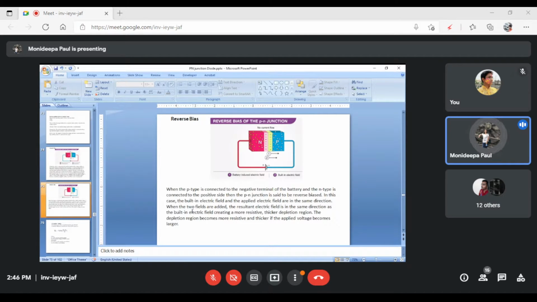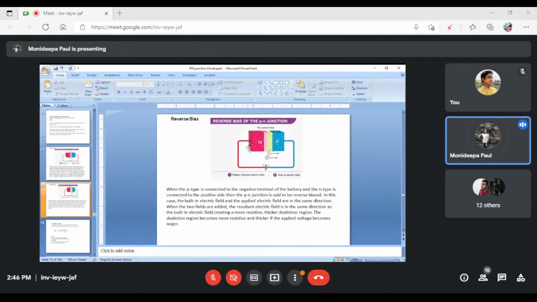Because here you see, when the two fields are added, the resultant electric field is in the same direction as the built-in electric field, increasing the resistance and giving a thicker depletion region. If the resultant electric field is larger, it opposes the flow of electrons, offering high resistance.